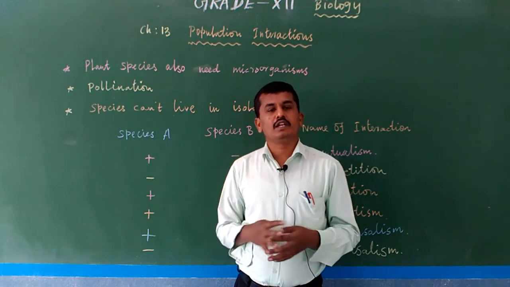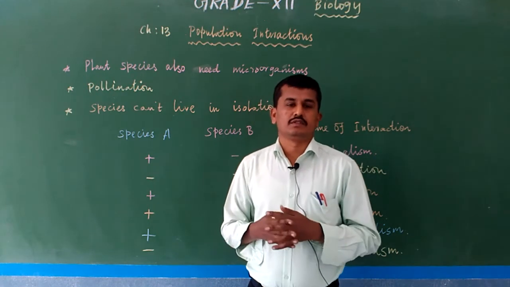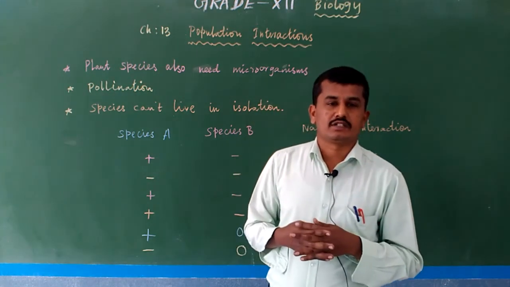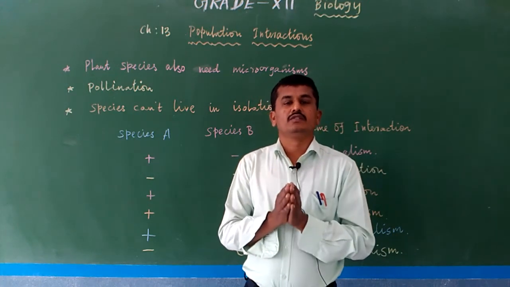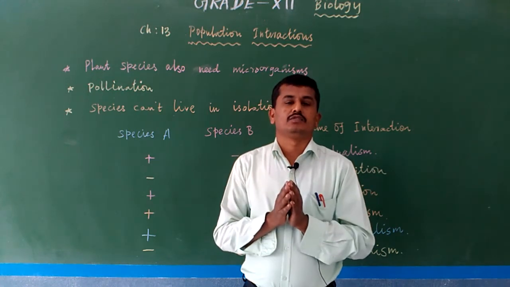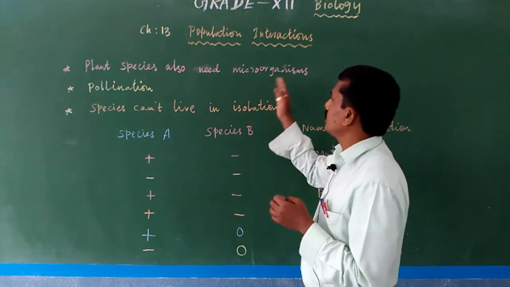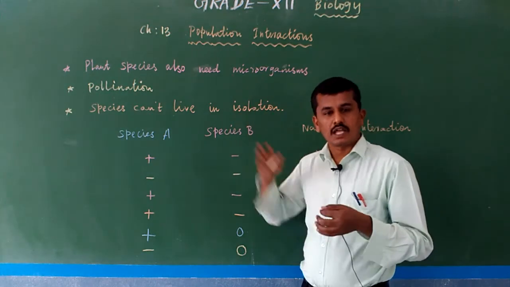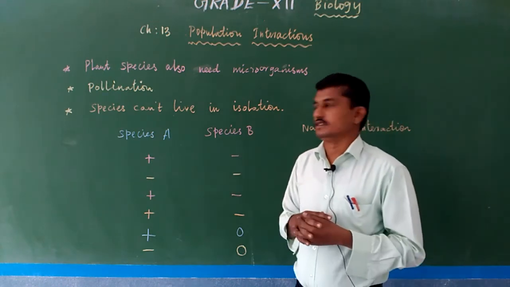We depend on various products like forest products for our survival and for building our habitat. So, every single individual is dependent on other organisms for survival. Plant species also need some microorganisms, and plants also need other organisms for pollination.